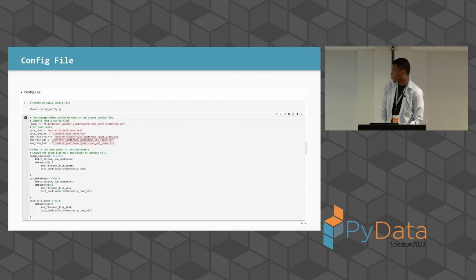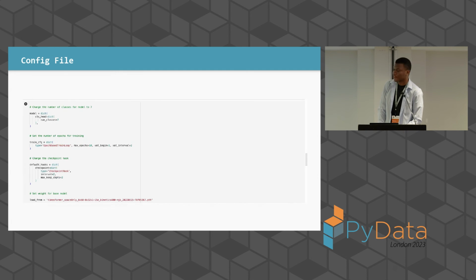So this is for a batch size of 4, number of workers 2. Number of workers 2 because on Colab, I think you can only get 2 workers based on the compute they provide. The number of classes is 7, because I have only 7 classes.